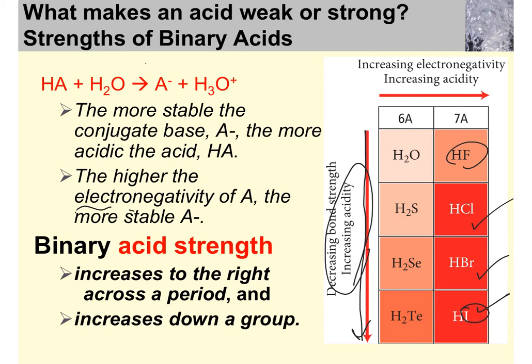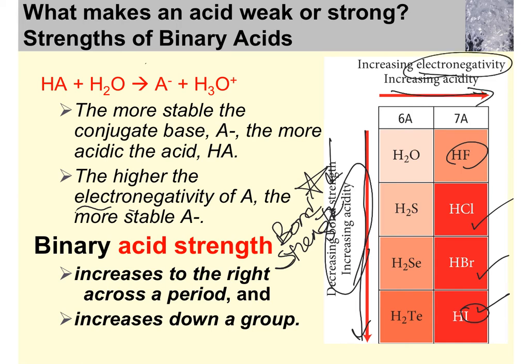All right, we have two competing factors when you're going down a group: bond strength versus electronegativity. So bond strength is most important going down a group, and electronegativity is most important going left to right across a period.